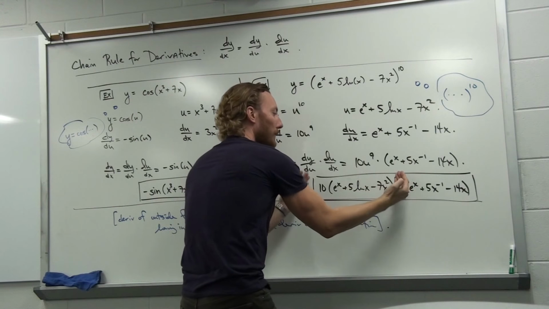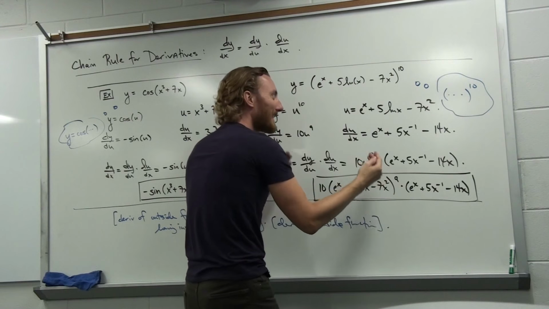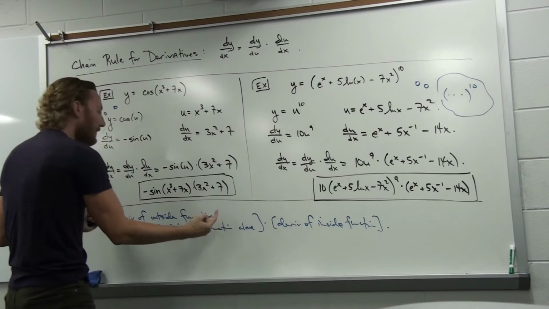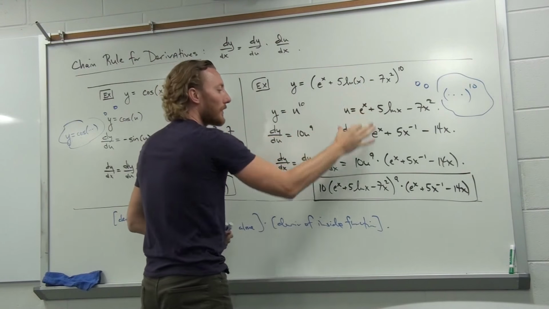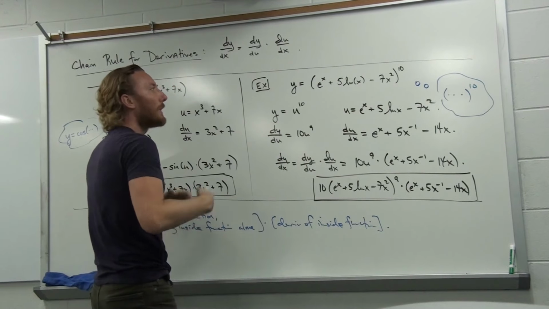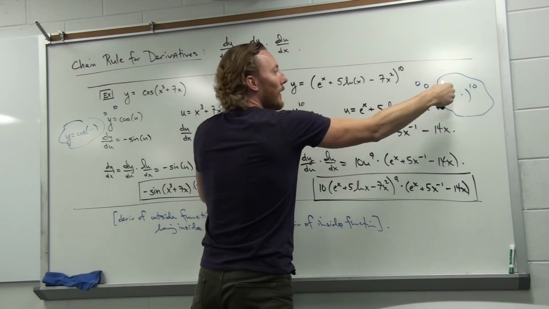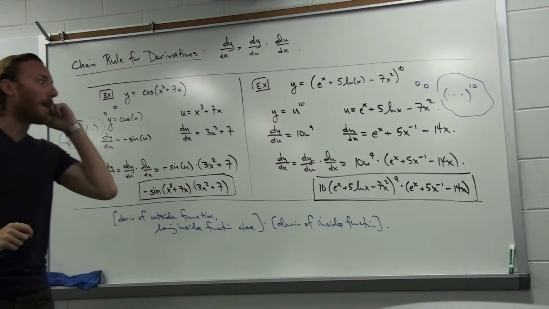And note, the first factor in our expression that results is exactly that. It's taking the derivative of the outside function, leaving the inside function alone. The inside function did not change. That was our u going through the process. But what did change was our outside function, the something to the 10th power: we brought the 10 down and reduced the power by 1.